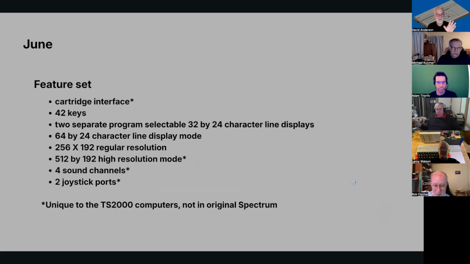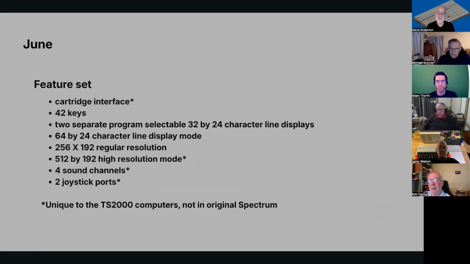So when they showed this off, the feature set had sort of been finalized. Again, the cartridge, the 64 column mode, the same 256 by 192 resolution mode of the Spectrum, this 512 by 192 high resolution mode, the four sound channels, that's that AY sound chip, and the two joystick ports, which, if I recall correctly, go through the AY sound chip.